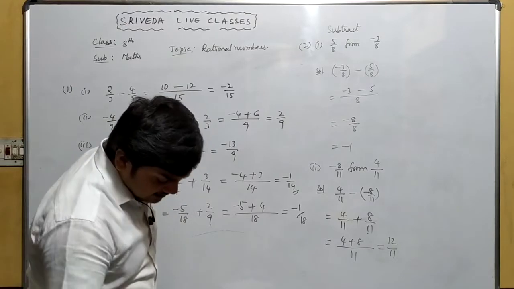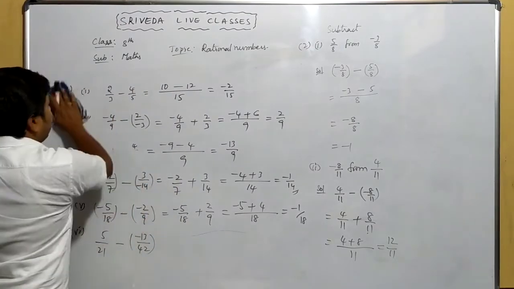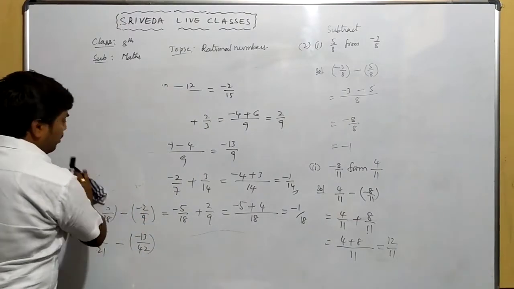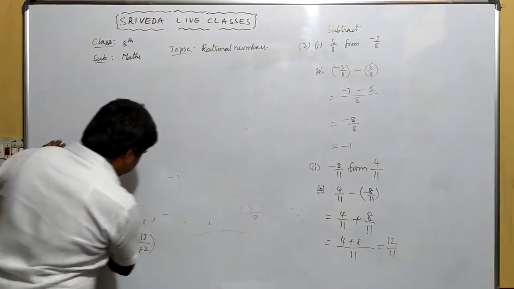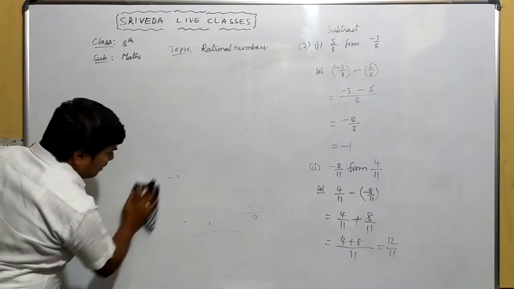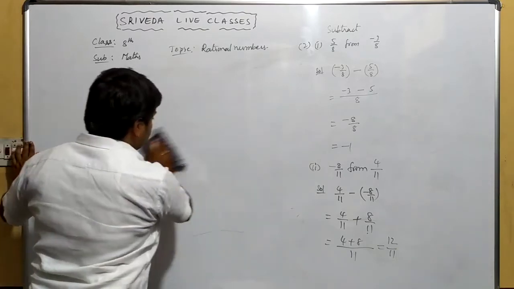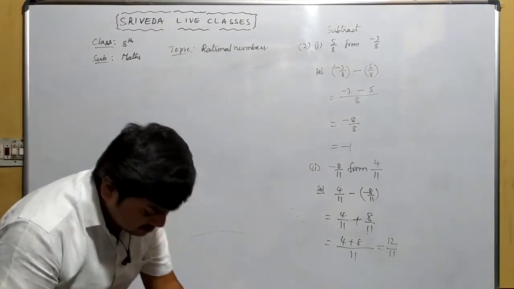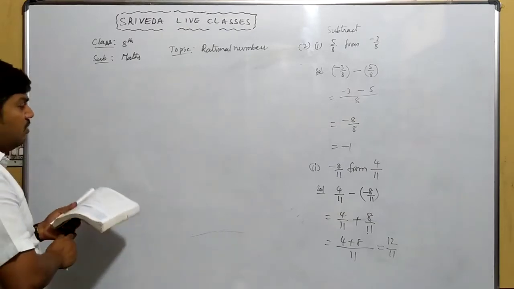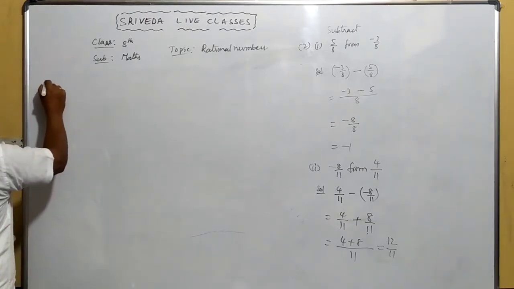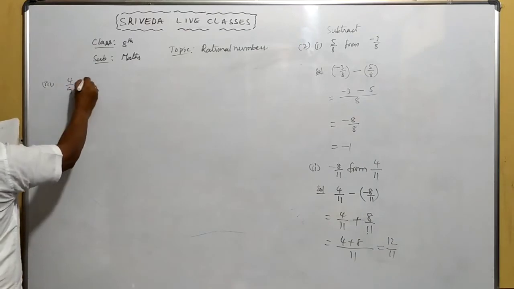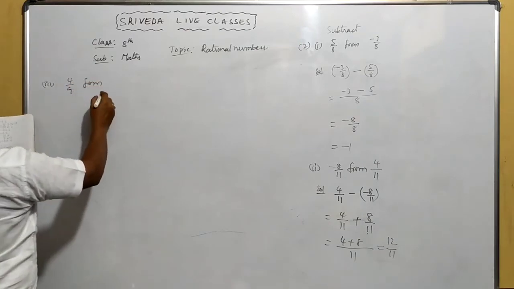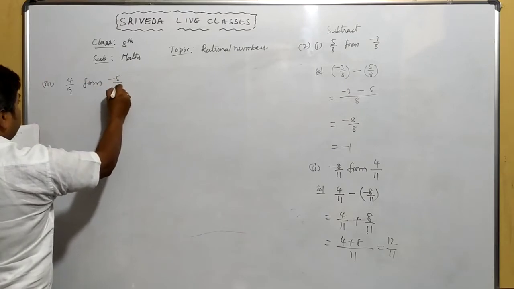Like this, we need to subtract. All these are very small problems, you can do them. Do the remaining problems on your own. I'll write those problems. Third one: subtract 4 by 9 from minus 5 by 9.